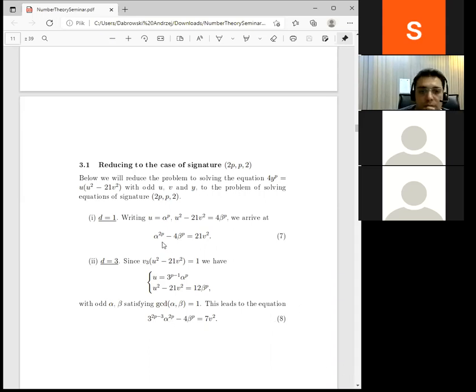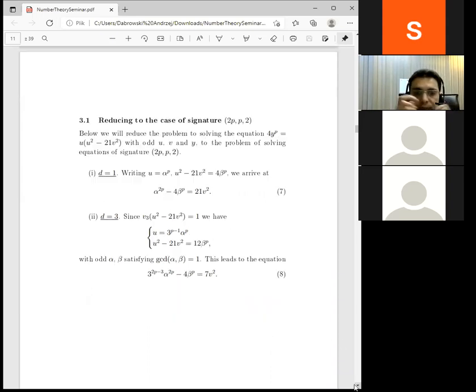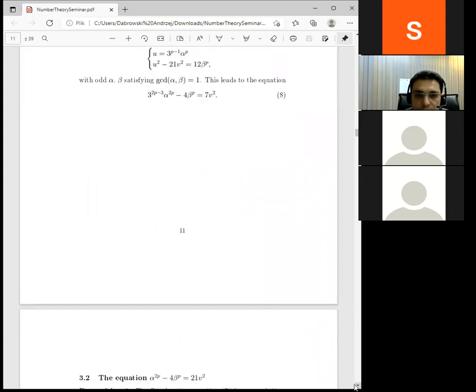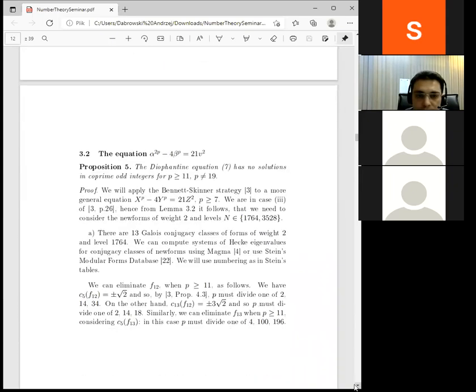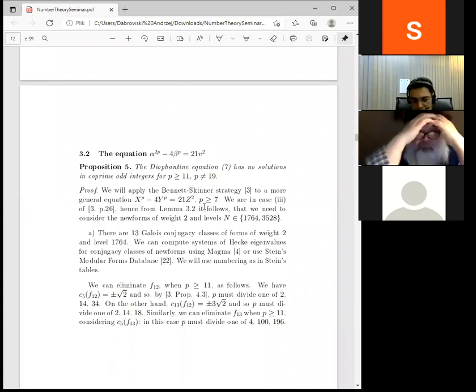So we'll try to solve these two different equations. First, let us start with the first one. Here it is easy. The answer is almost complete. In this case, we can apply the famous Bennett-Skinner strategy, even for a more general equation, when the prime is bigger or equal to 7.